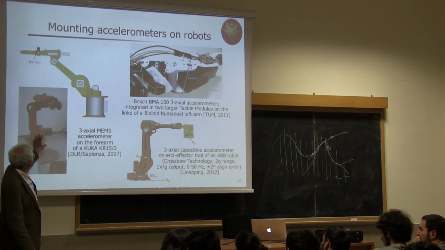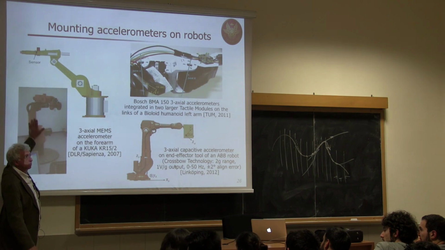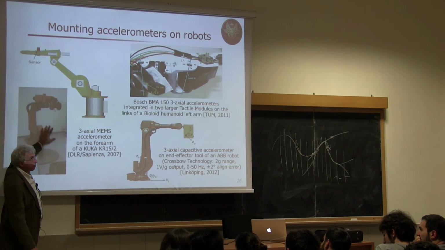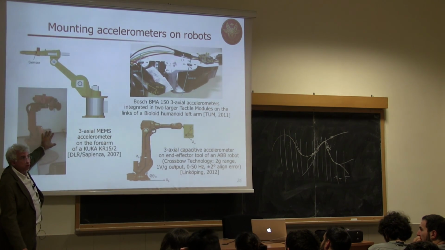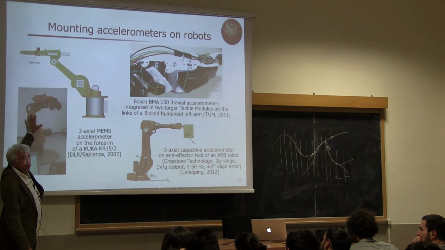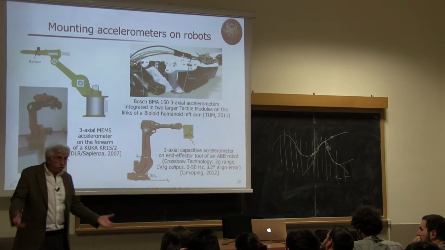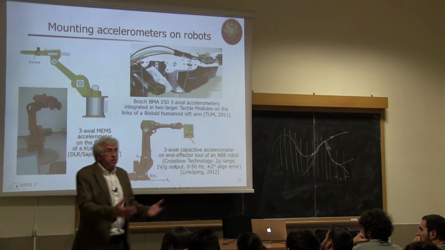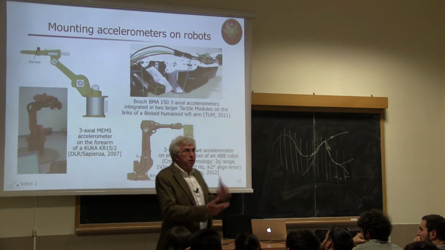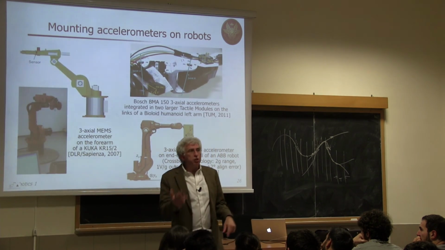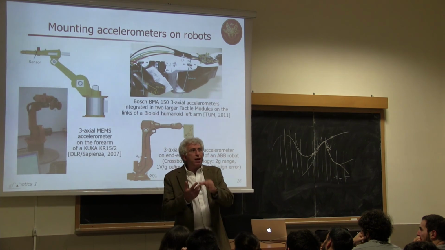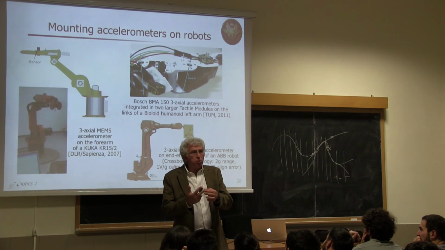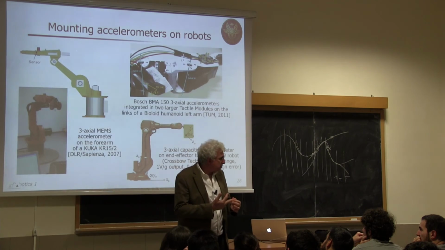Now, since you have elasticity between the motors and the links, you have a second-order dynamic model for the motor, a second-order dynamic model for the link, so you have a fourth-order dynamic model, so the state will be position, velocity, acceleration, and jerk. So you have an accelerometer which can measure one of the components of the state.